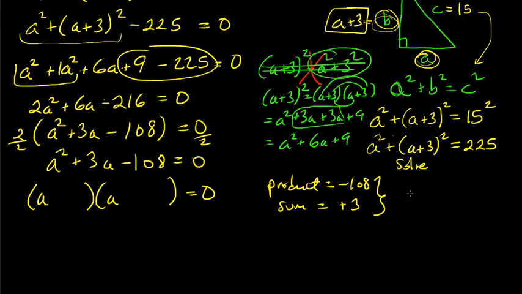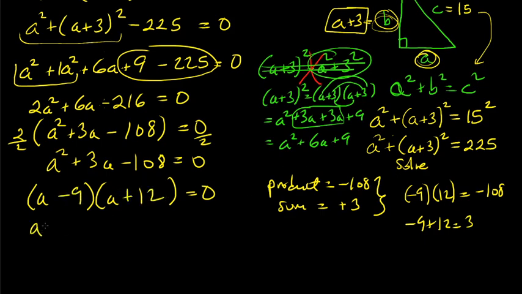Okay, it should be negative 9 and positive 12. So that multiplies to negative 108, and negative 9 plus 12 is indeed positive 3. So a minus 9, a plus 12. So a is either 9 or negative 12.